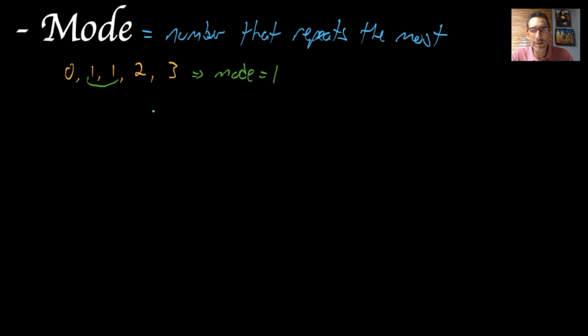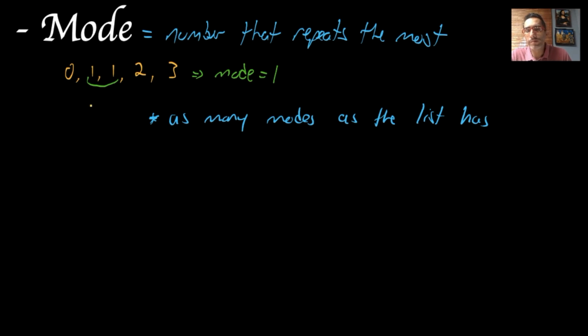Now, another important concept for you to keep in mind is that in a list of elements, you can have as many modes as the list actually has. So what I'm saying here is that you can have the same 1, 0, 1, let's say another 1, 2, and here you have a 3, another 3.